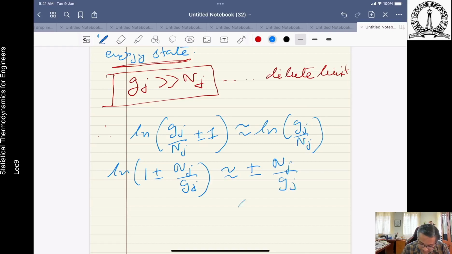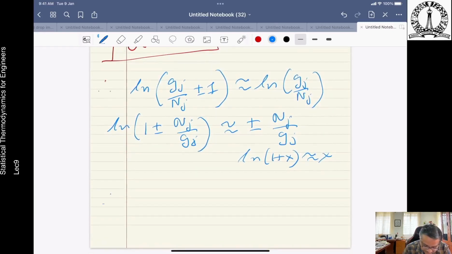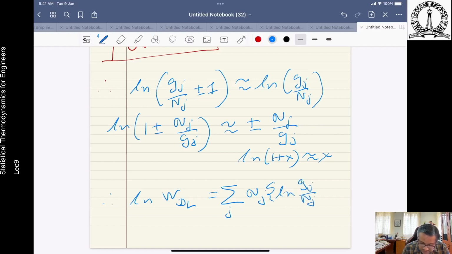This comes from the fact that ln(1 plus x) is almost equal to x. So therefore, ln W in the dilute limit is basically nothing but the summation over j of Nj ln(Gj by Nj plus 1).